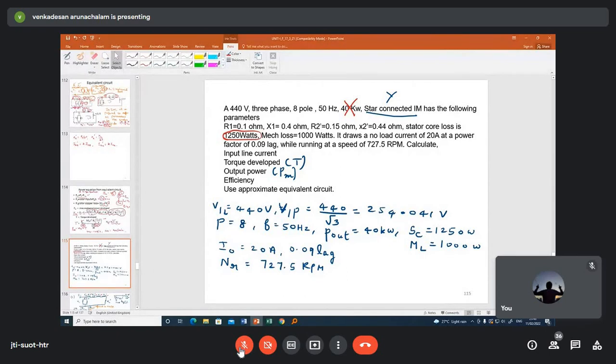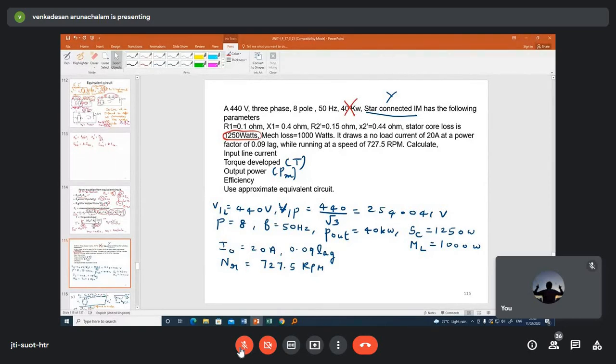This is the problem on equivalent circuit referring to the stator circuit. That is why they have given R2 dash and X2 dash. Stator core loss is 1250 watts. Mechanical loss they have given as 1000 watts. It draws a no load current of 20 ampere at a power factor of 0.09 lagging.